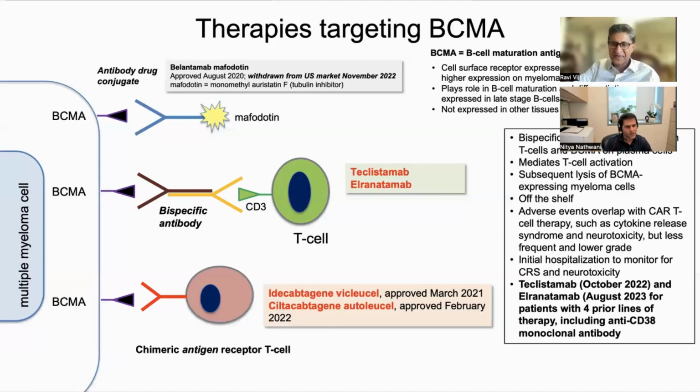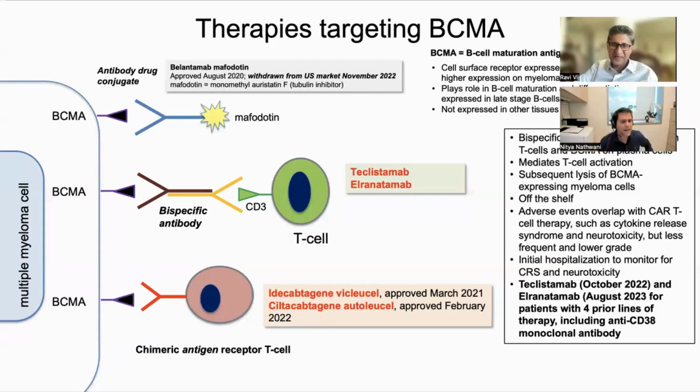Now, there are many different agents that have been approved or in development with specific targets on the myeloma cells that these agents are directed against. In the case of daratumumab and isatuximab, it is CD38. And then there's a whole host of therapies that are directed against this molecule called BCMA, which stands for B cell maturation antigen.